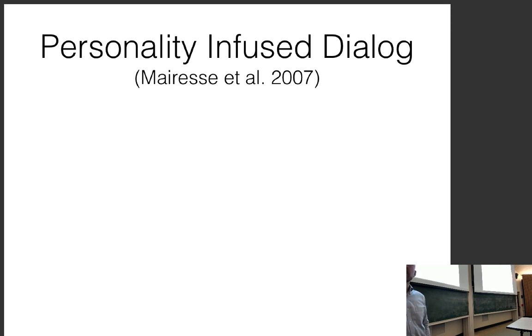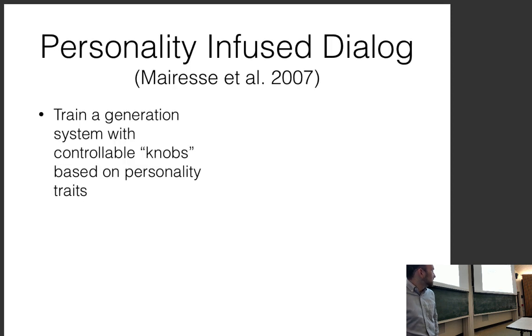There's this really good paper from before neural networks that I still haven't seen any paper that does quite as good a job at generation based on personality. This one is called Personage. Basically they train a generation system with controllable knobs that are based on personality traits.